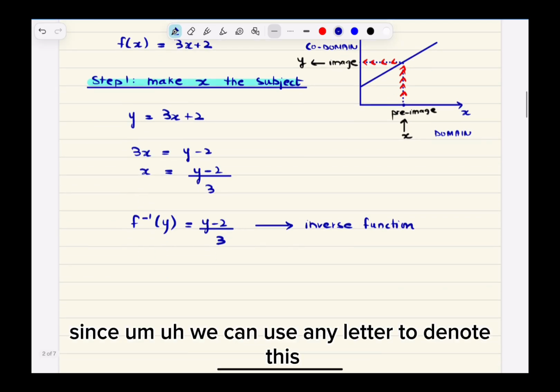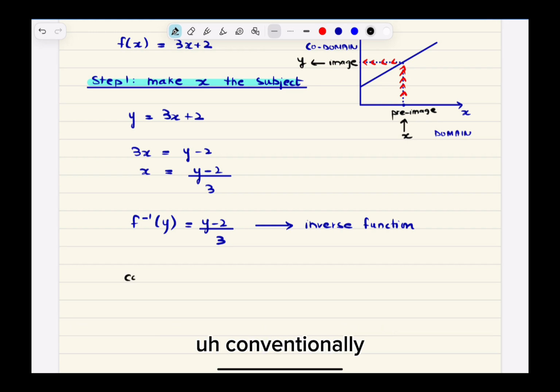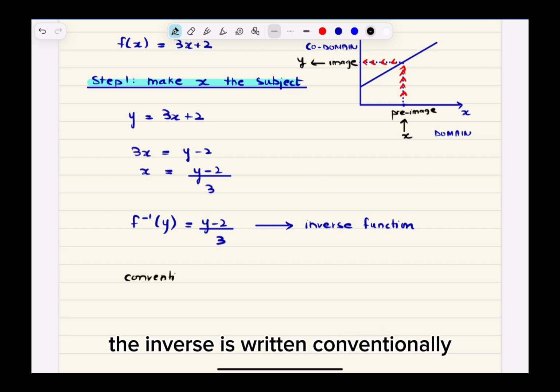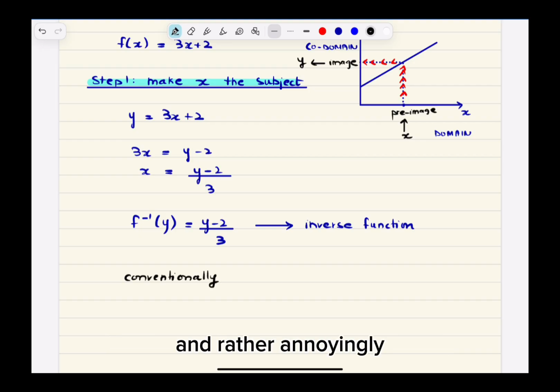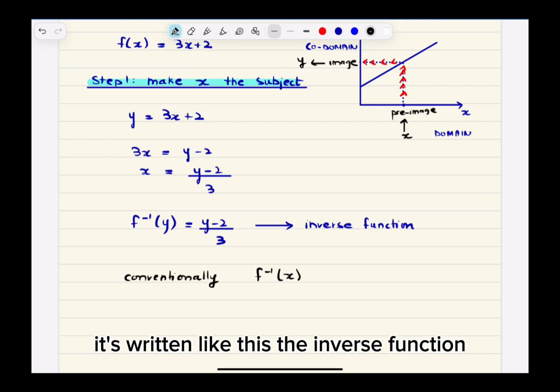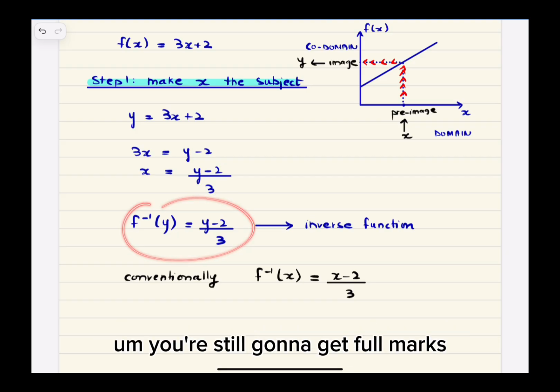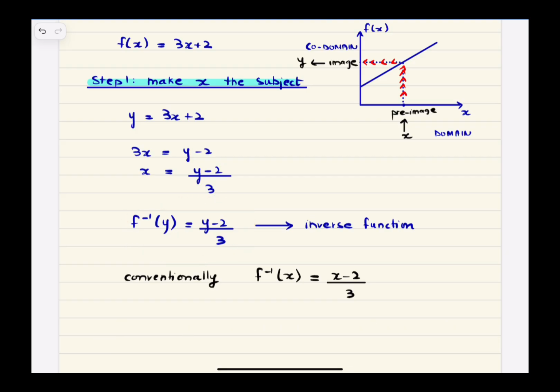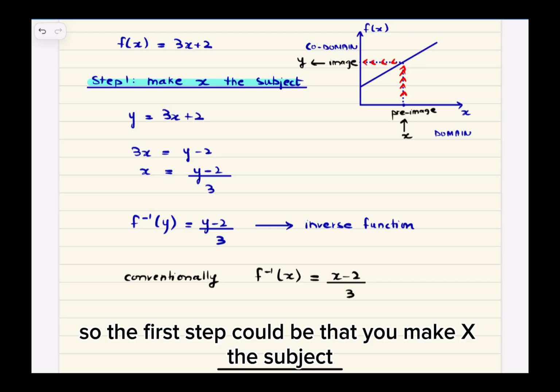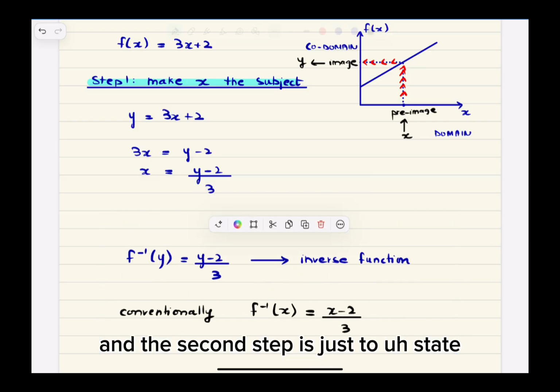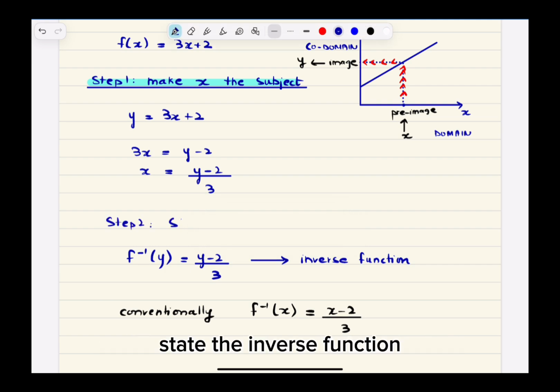Since we can use any letter to denote this, conventionally, and rather annoyingly, the inverse function is written using x. However, even if you leave the answer like this, you're still going to get full marks. So the first step could be that you make x the subject, and the second step is just to state the inverse function.